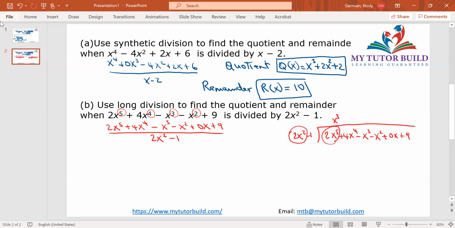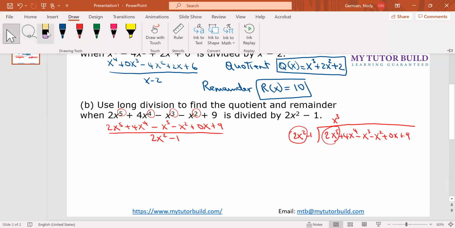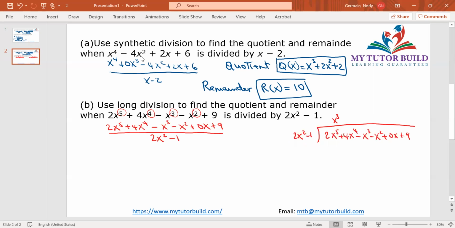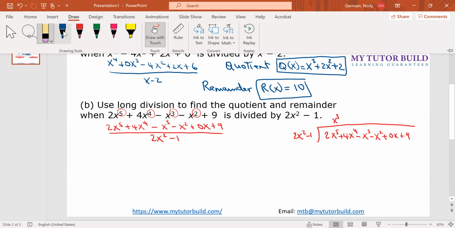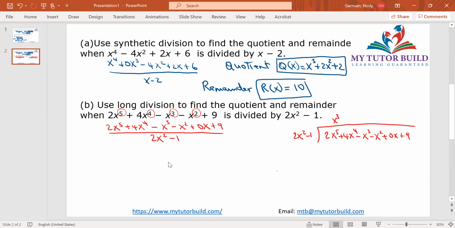Now, I can erase the circle that I was using. All right. So x cubed times 2x squared gives us 2x power 5, but when we write it down, we change the sign. It was positive, now we write it down as negative 2x power 5.